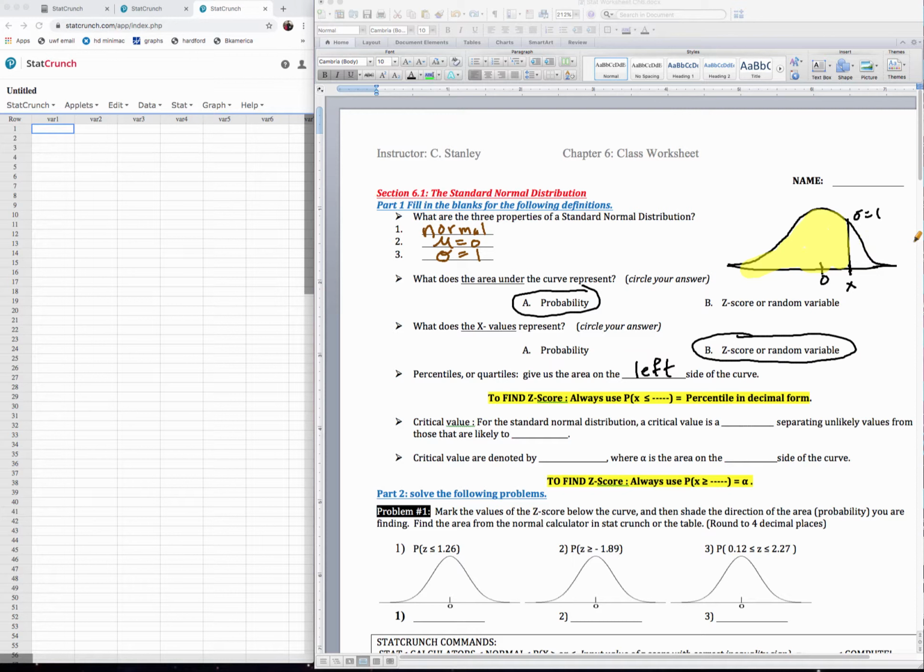Okay, a critical value is like this. So this is what a critical value is. If it's 0 and 1, these are z-scores. Usually these are z-scores.